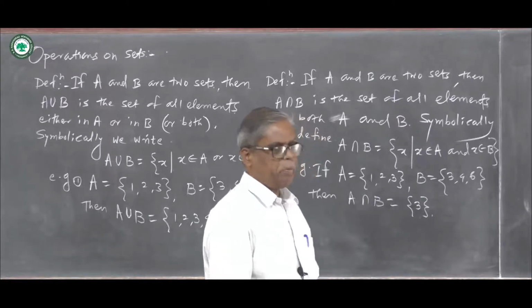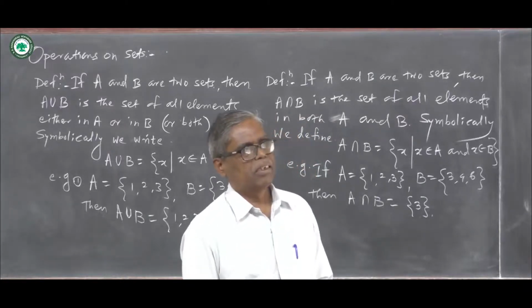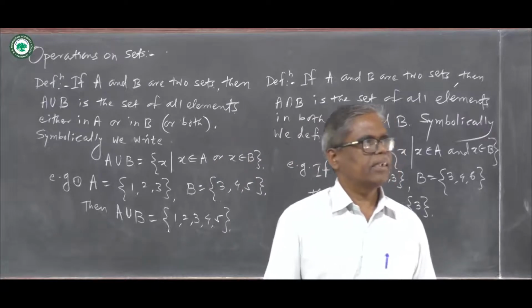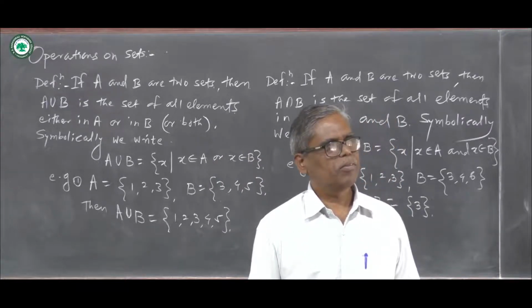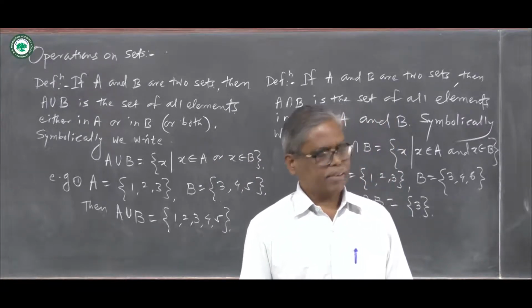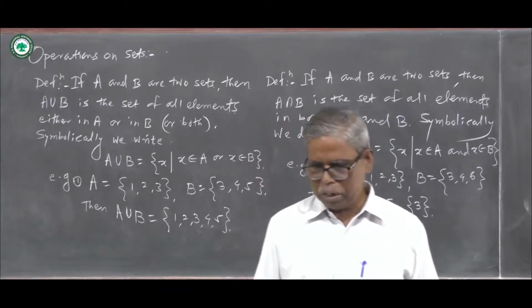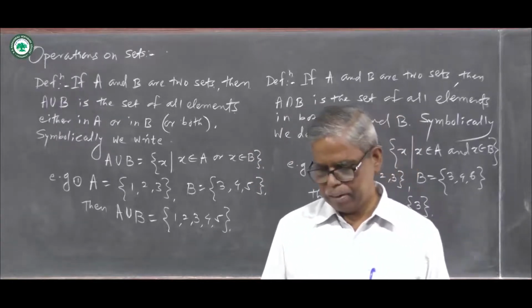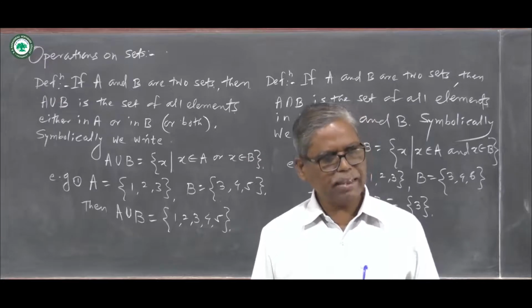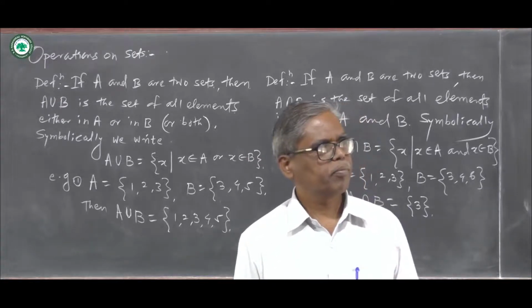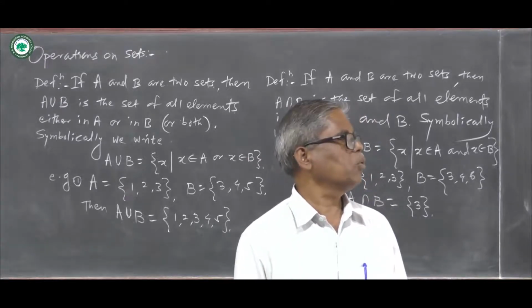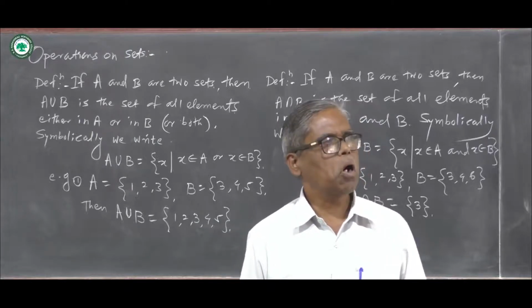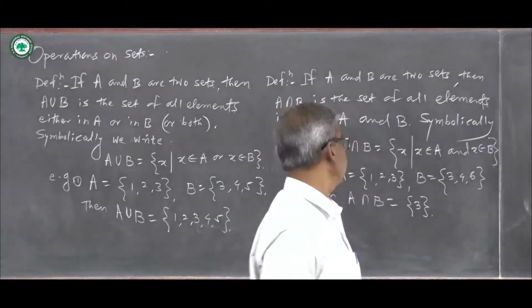We define the empty set. The empty set is the set which has no element, denoted by the Greek letter phi. The set which has no element is called the empty set.